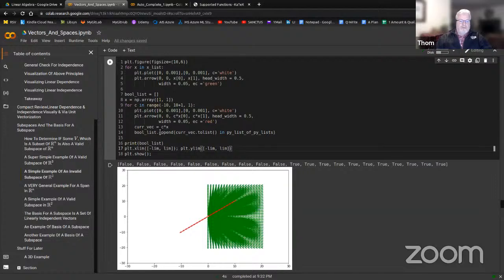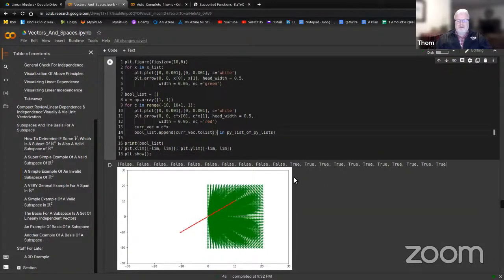And so we're going to append to this empty Boolean list the current vector converted to a Python list. We're asking, is that Python version of the current vector in our Py list of Py lists, meaning the original arrays again? And sure enough, we can see visually that it's going out, but we can also see by this test, well, since you started at negative, all these negative values, of course, are not in there. But once you get to positive, they're in that set.